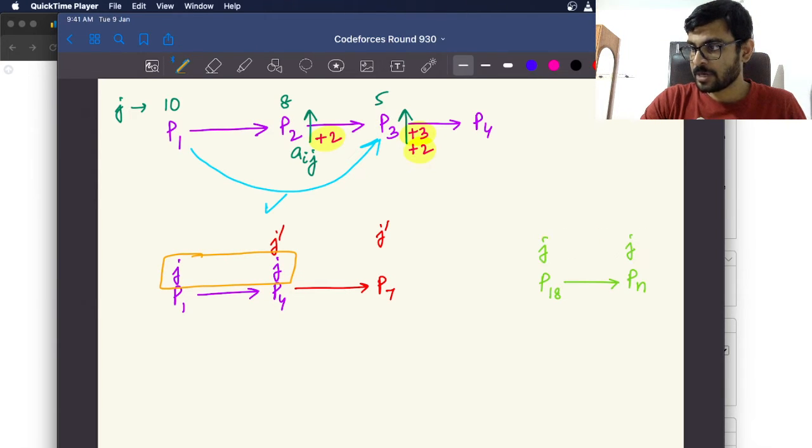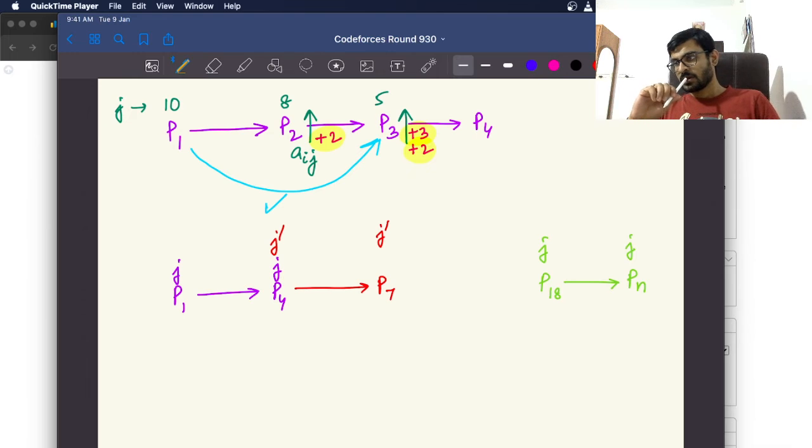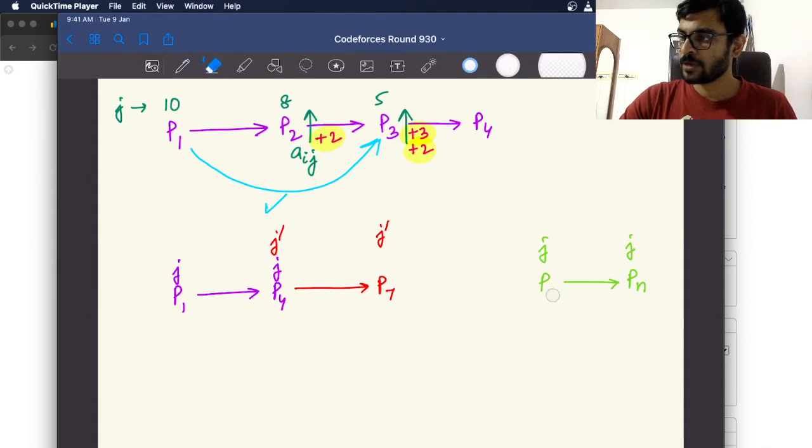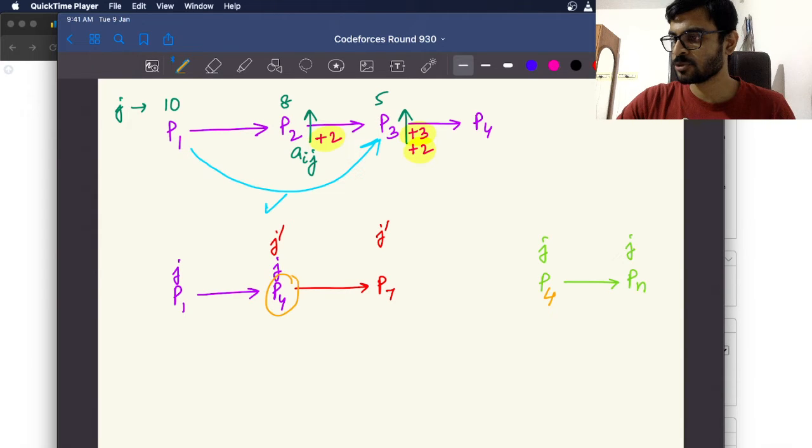Or shall we have a better way given this kind of a possibility? Maybe we can have this kind of a possibility. But now the question is, can we have P4 over here instead of P18, which we already have seen through J?